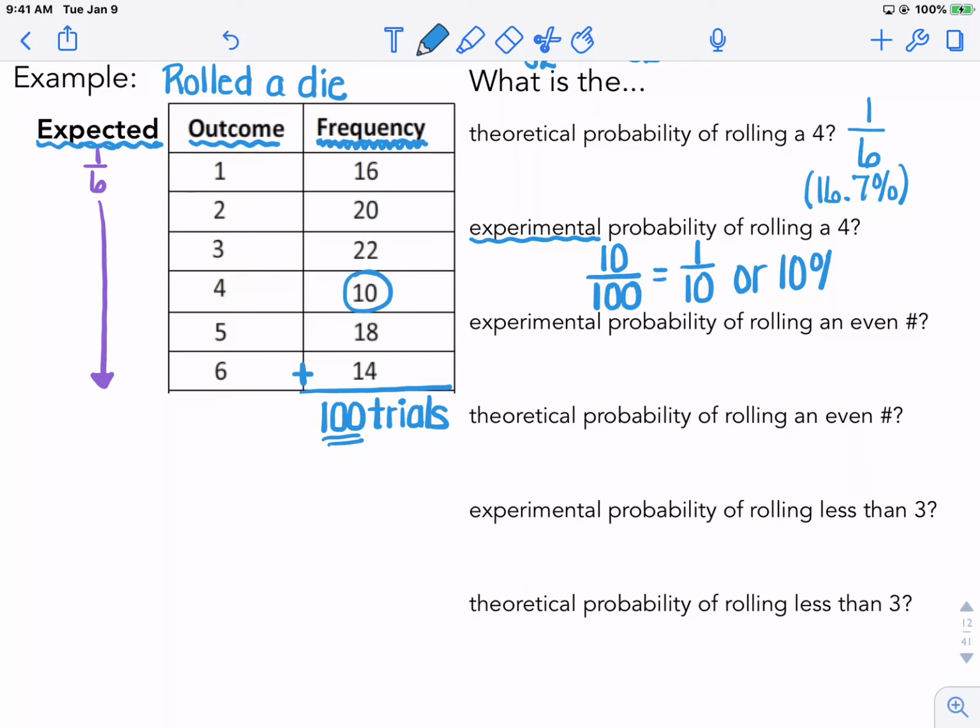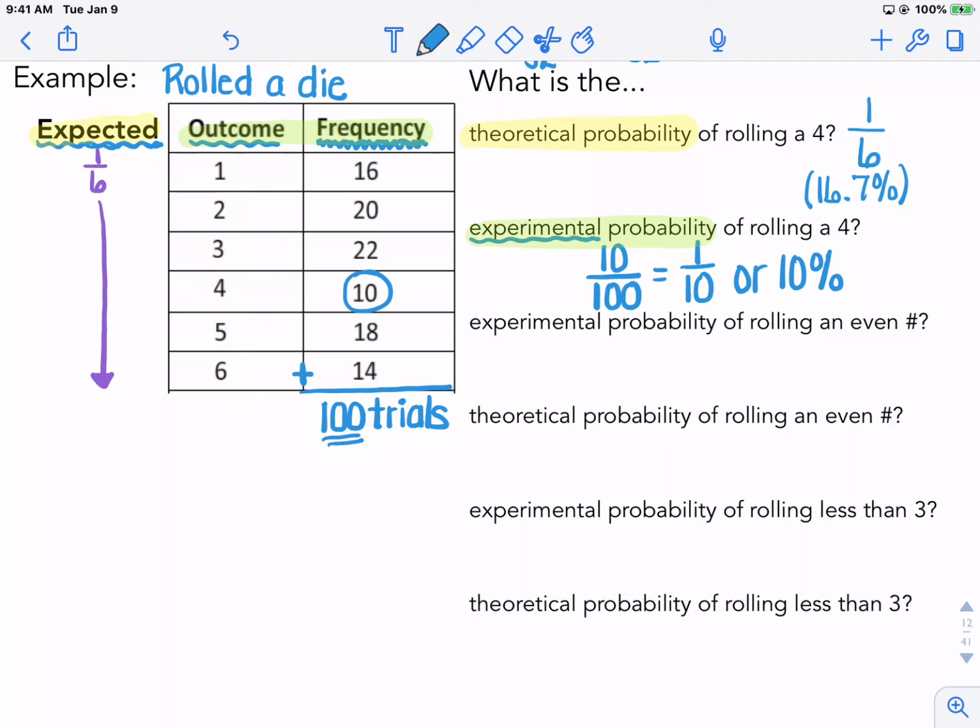So you're calculating 2 different types of probabilities each time based on whether they ask you for theoretical, what's expected, or whether they ask you for experimental, which is the result of some outcomes and frequencies that you actually did as an experiment or that you were given the data for.